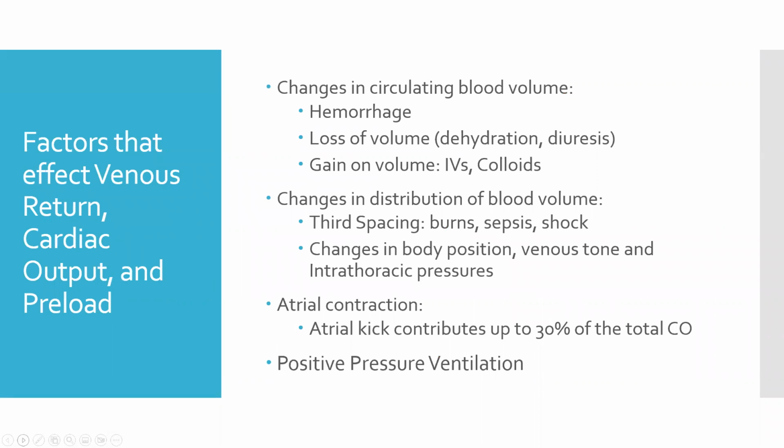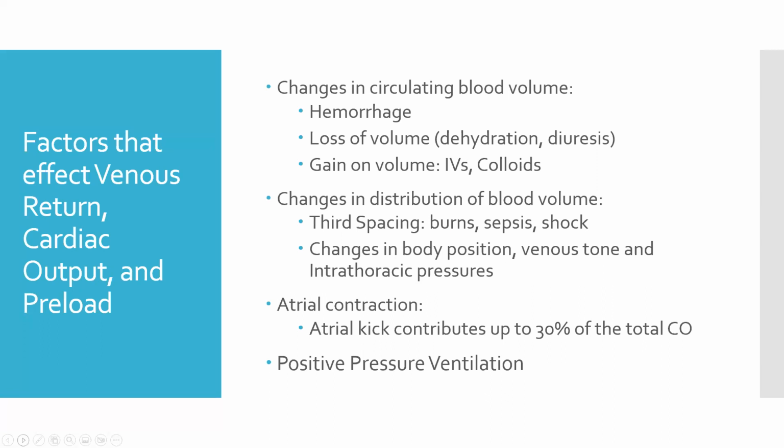So the patient will retain those fluids owing to the increase in oncotic pressure, the tendency for the cells to want to reabsorb fluid. Also changes in distribution of blood volume: third spacing, burns, sepsis, and shock, changes in body position, venous tone, which is how constricted or dilated the walls of the vessels, particularly the veins, are, and intrathoracic pressures.